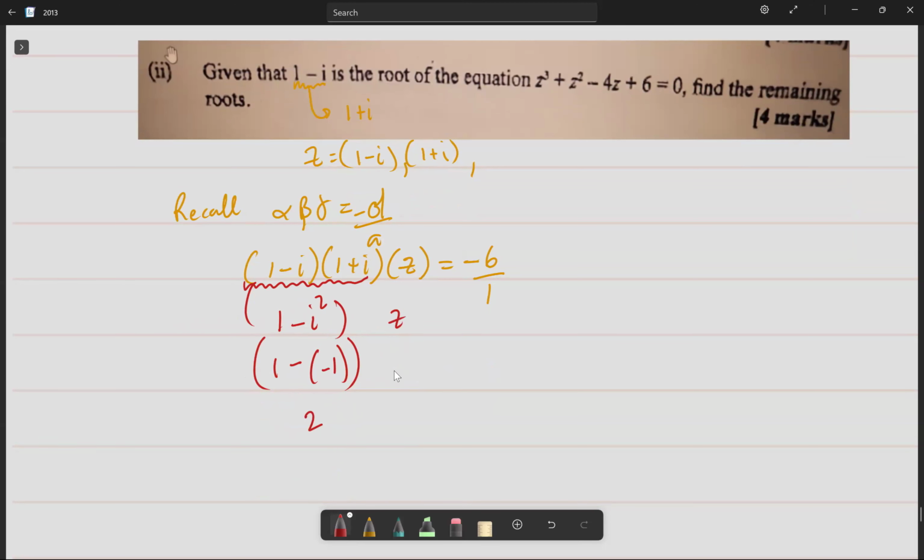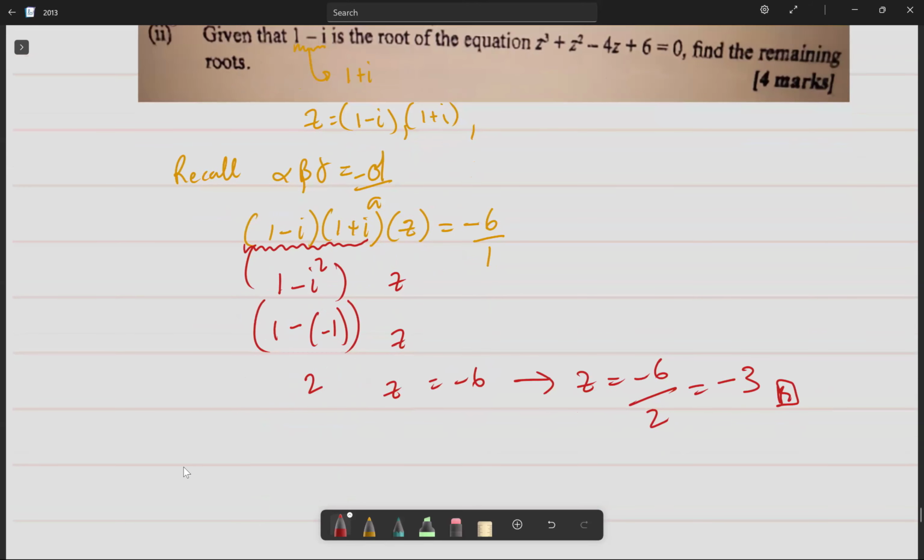I'll just carry down the z, and that's equal to negative 6, which implies that z is equal to negative 6 over 2, which is negative 3. So that means we found all the roots. So all the roots are going to be 1 minus I, 1 plus I, and the real root negative 3.